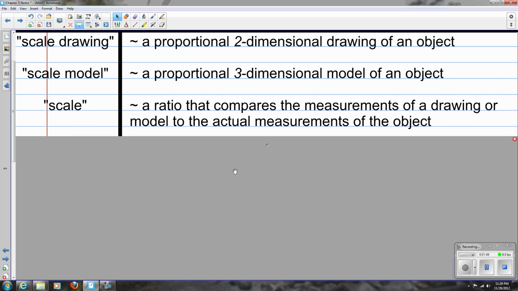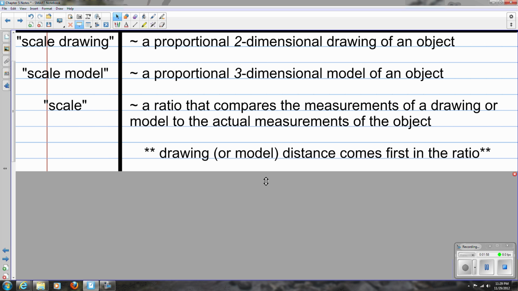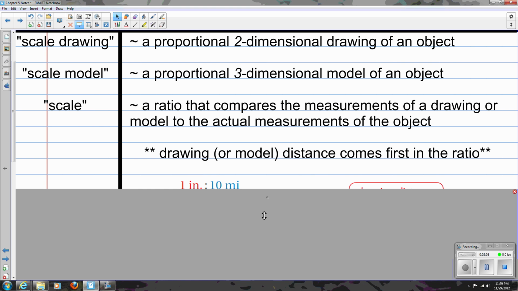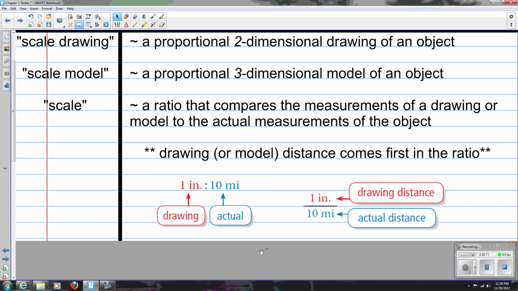Okay, it's important to notice that the definition of scale says that it compares the measurements of the drawing or model to the actual measurements. And that's important, that you make sure that the drawing or model distance comes first in the ratio. And then you'll put the actual measurement in the second half of the ratio. So I'd like you to draw this diagram in your notes.